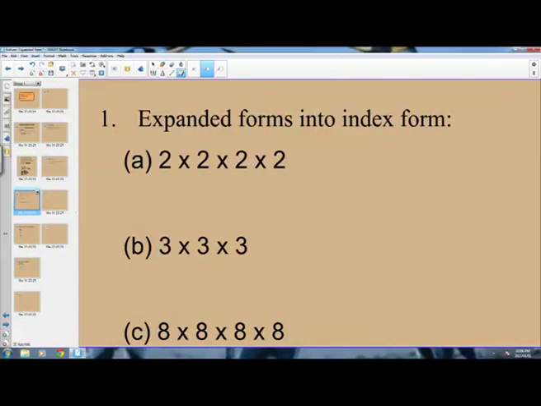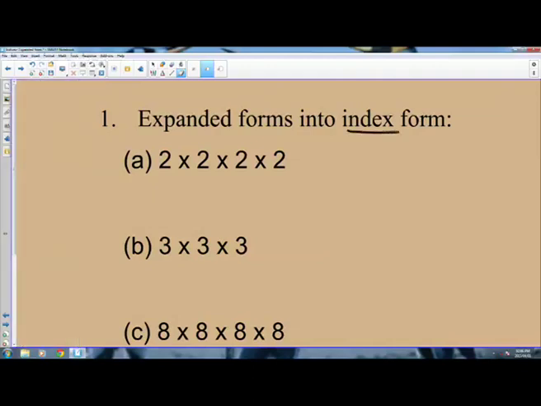Right, it says expanded forms into index form. That is, you are given an expression like 2 times 2 times 2 in an expanded form, and then you are expected to represent it in index form. So how do we do this? This is just 2 to the power.